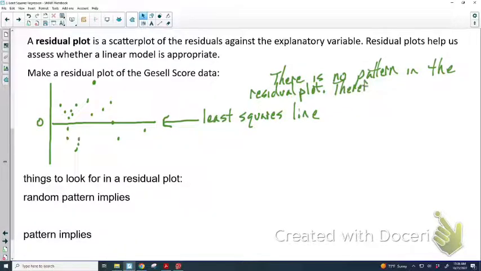Therefore, a linear model is appropriate. Remember, we're zooming in on our scatter plot, turning the line sideways. If I want to say there's a linear relationship in the residual plot, there should be no pattern. All right? And I talk about it below this.